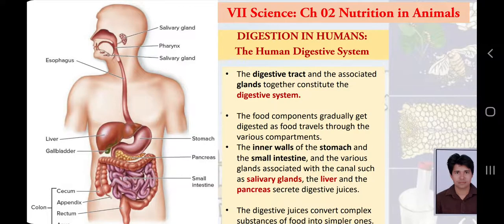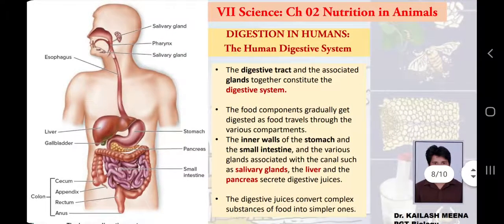So not only the digestive glands but also the inner wall of the small intestine and stomach secrete some digestive juices, and these digestive juices contain strong digestive enzymes. Enzymes are chemicals which help in digestion of food. So the digestive juices convert complex substances of food into simpler ones.